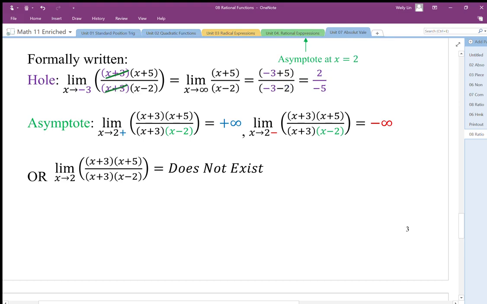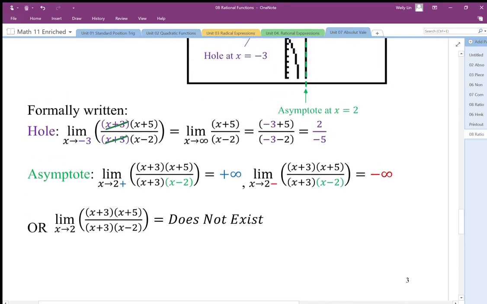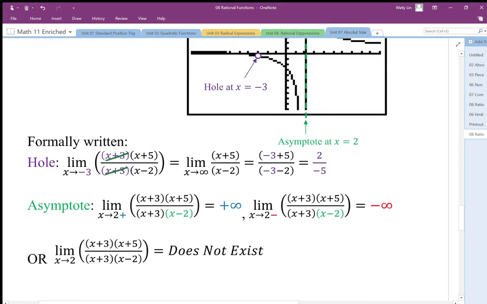So if we want to know the y value of that hole, what we can do is simplify algebraically, get rid of the divide by 0, plug in the -3, and that gives us the y coordinate of that hole. So in this case here, the hole would be at x equals -3. The y coordinate would actually be -2/5, or -0.4. So that's where that y position of that hole is.